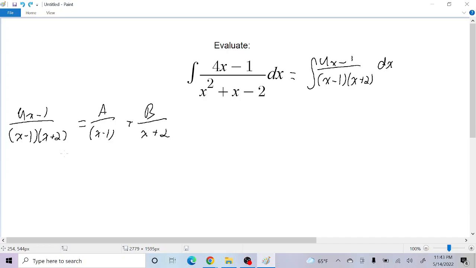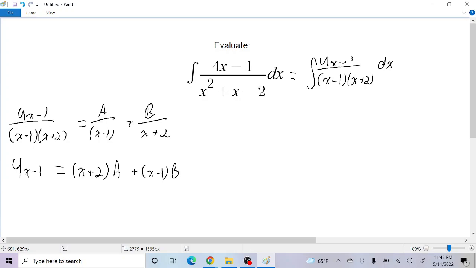Okay, now we're going to multiply this equation by the denominator, and the denominator, of course, is x minus 1 times x plus 2. And we are left with 4x minus 1 equals x plus 2 times A plus x minus 1 times B.